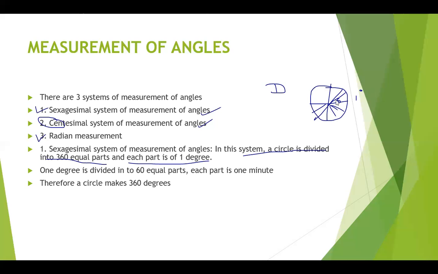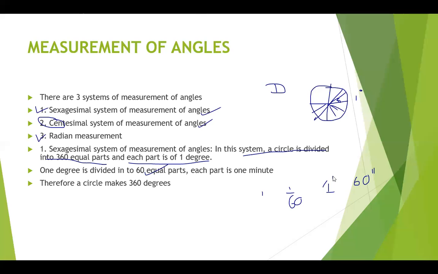That 1 degree can be further divided into 60 equal parts and each part is called a minute. Once again, every minute can be divided into 60 equal parts, which are called 60 seconds.